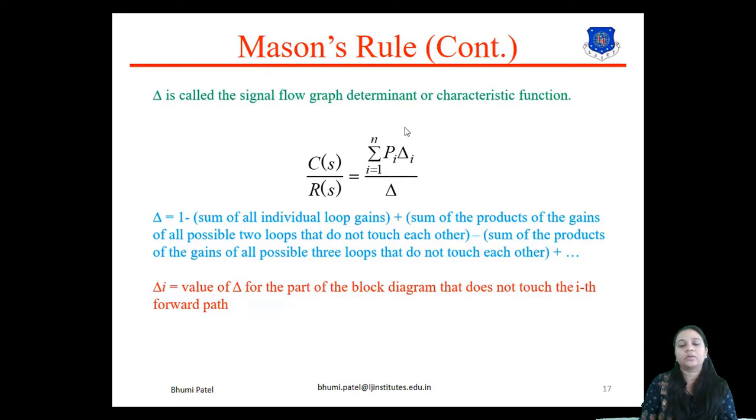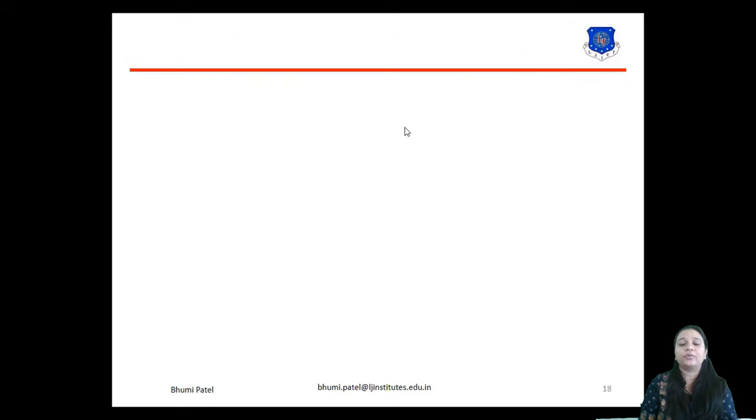Delta i is equal to the value of delta for the part of the block diagram that does not touch the ith forward path. So this is Mason's gain formula equation.